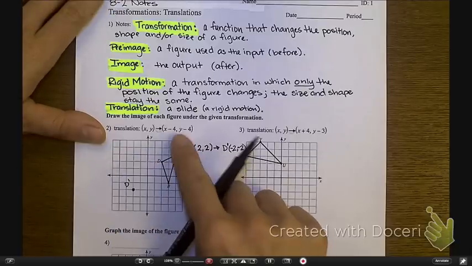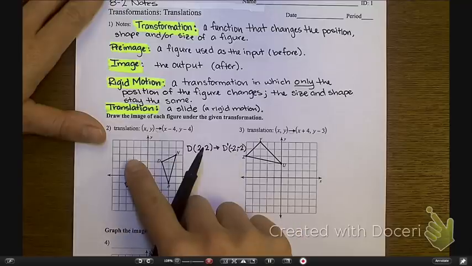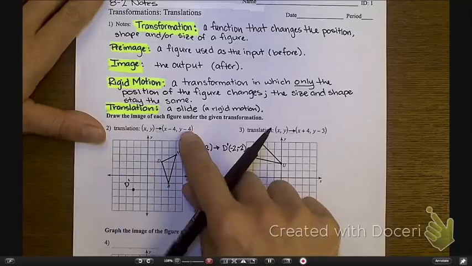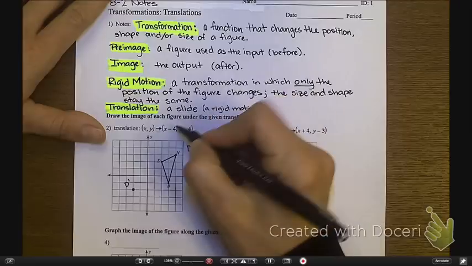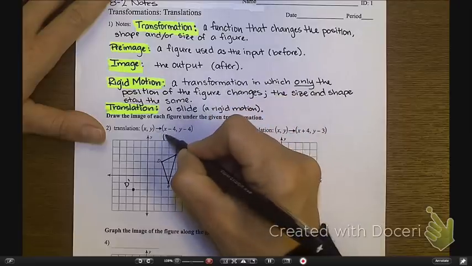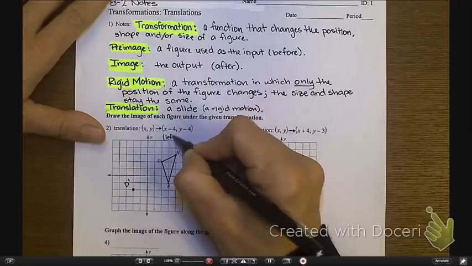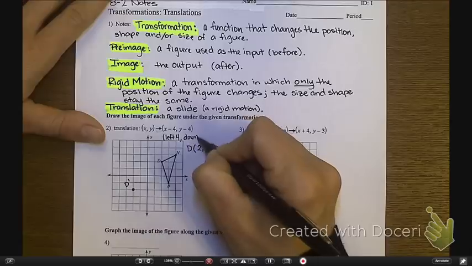Then it's telling you to take the y value and move it 4 spaces down, 1, 2, 3, 4. So this is the location of my new point. Really, it's telling me to go left 4 and then go down 4.